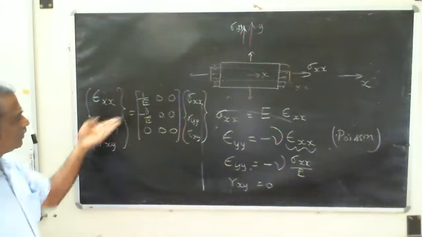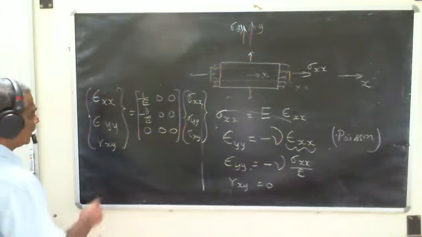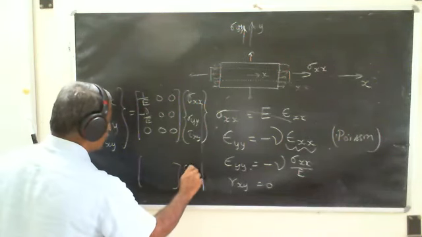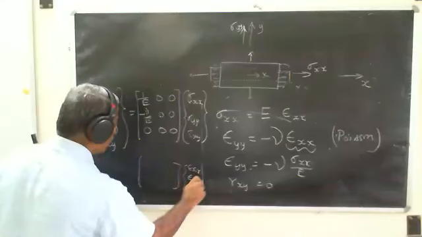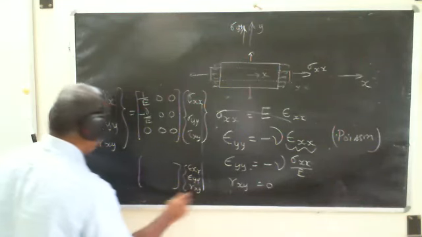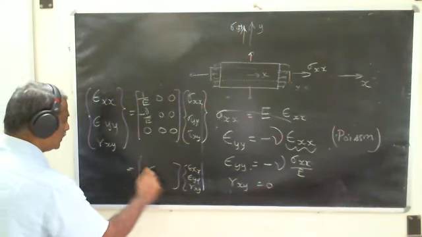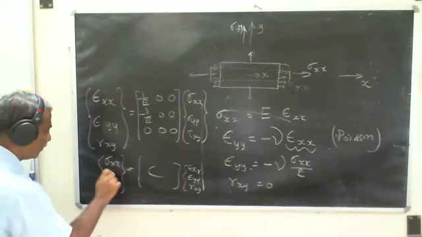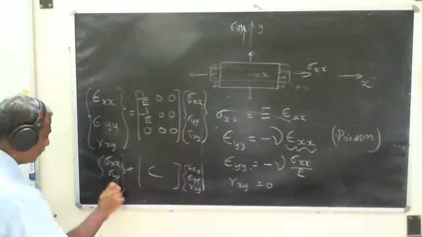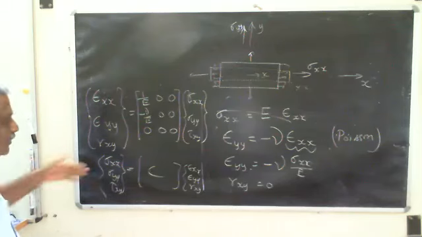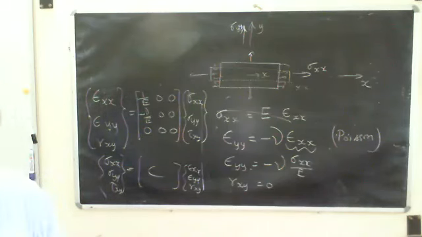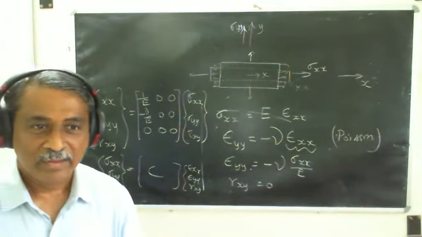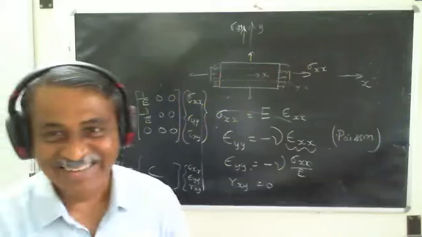Very simple. What is the difference between writing it like this and writing it this way, which we did earlier, which is epsilon xx, epsilon yy, gamma xy here? This C, no? What's the difference between these two? Clock is ticking.